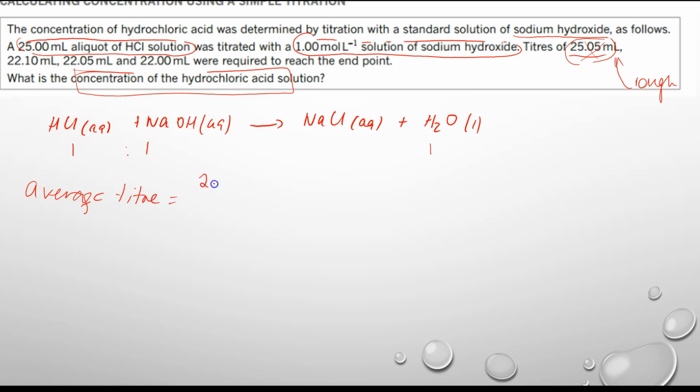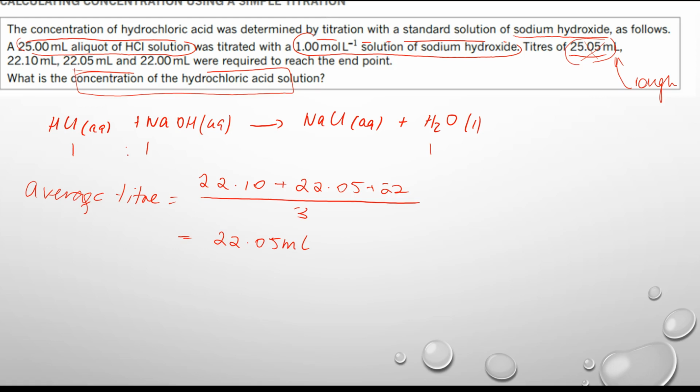So we've got 22.10 plus 22.05 plus 22, divided by 3. So if we do that calculation, we work it out to be 22.05 mLs.